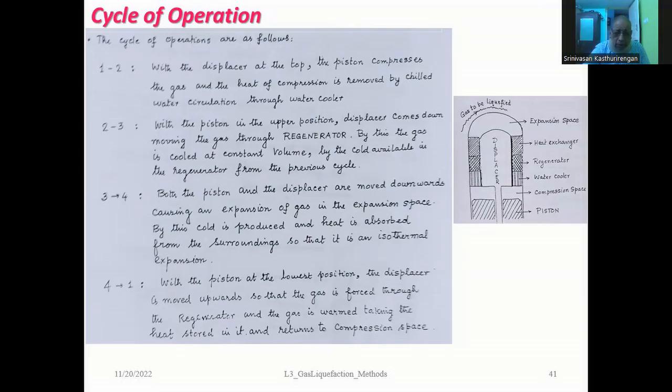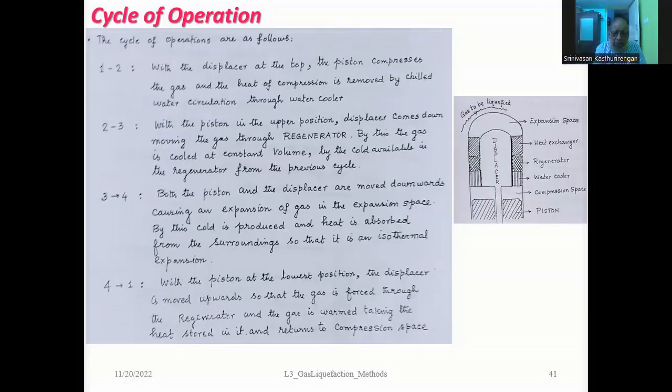Okay, with the piston in the uppermost position, the piston has moved up to this point. Now, the displacer is allowed to come down. It moves from the topmost position, it comes down. And there is no gap between that and the regenerator.